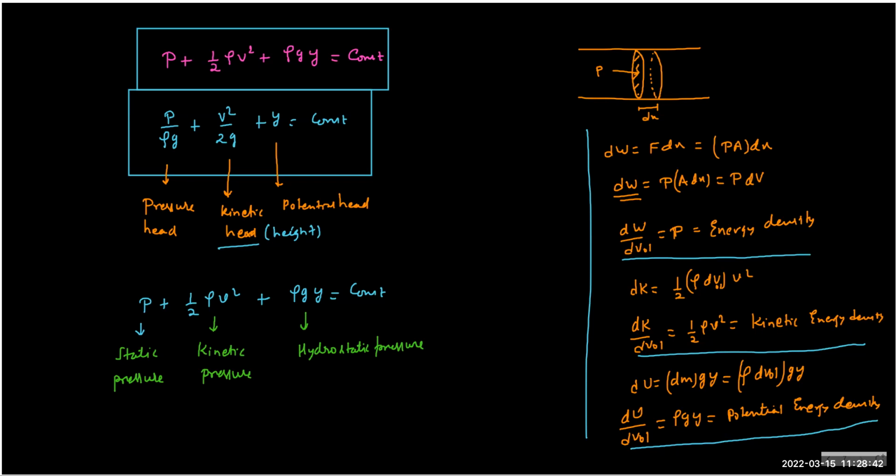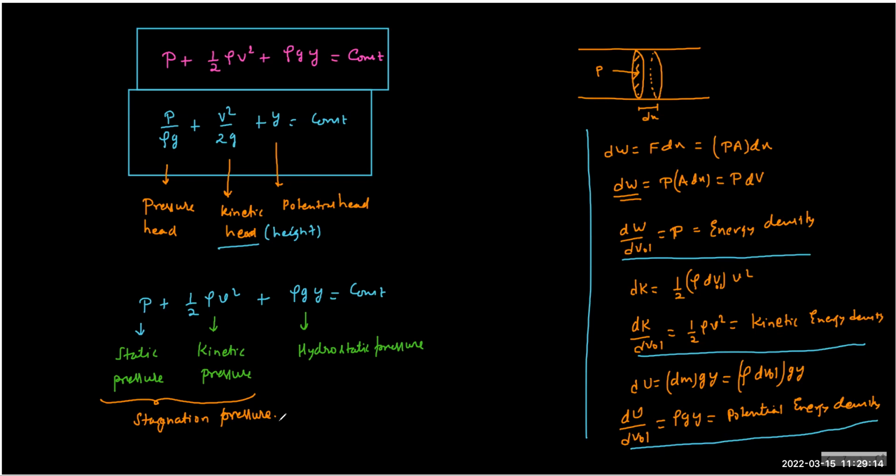And what is also important to know is that these two terms together, the sum of static pressure and kinetic pressure, in physics we call stagnation pressure. So these are the ways to interpret it. And when I say P, it means the actual pressure, the pressure which you understand.